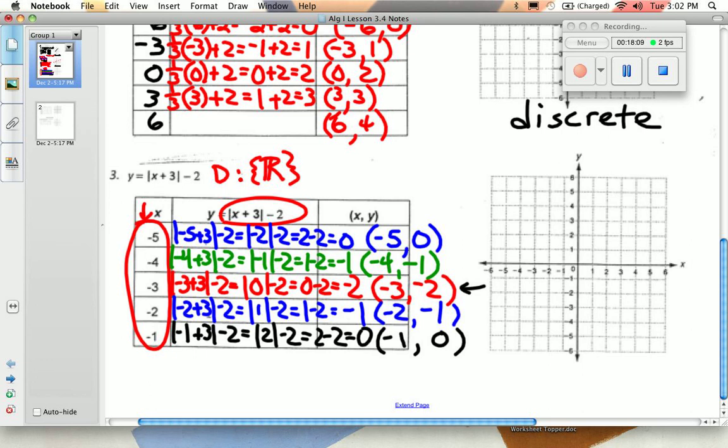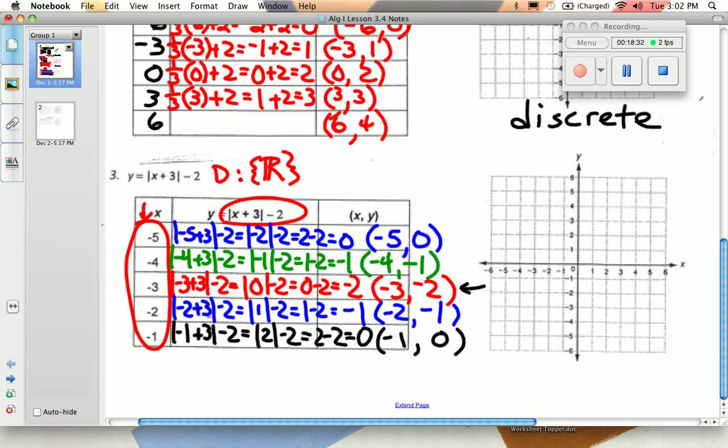Okay. Well, we didn't right away in the beginning take time to decide whether this would be discrete or continuous, so let's do that now. Do you think this should be a discrete graph or a continuous one? Continuous. Why? Because of the domain. The domain is all real numbers. Can we begin to graph all of the x values?